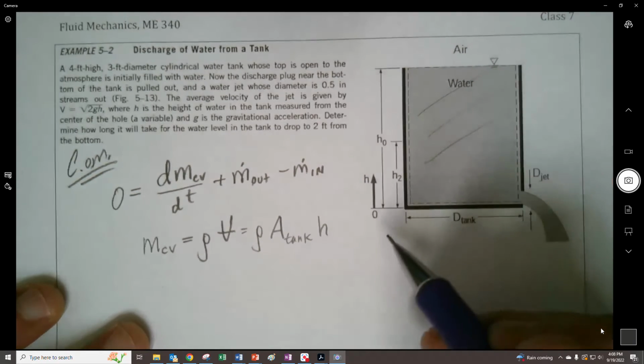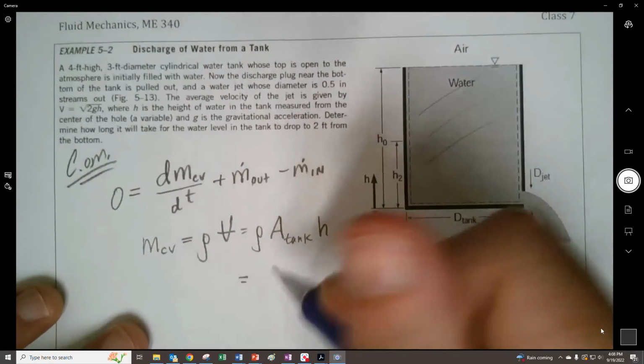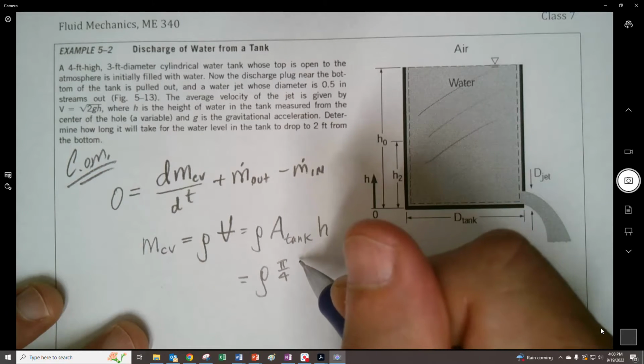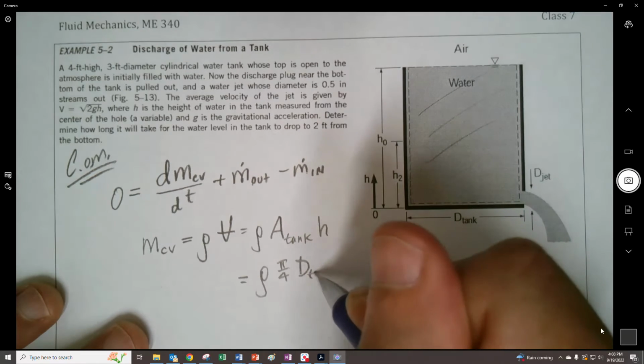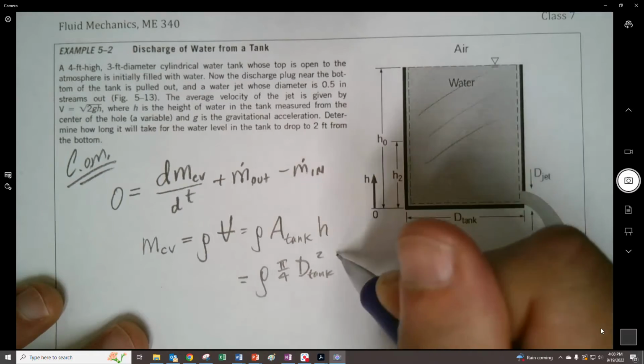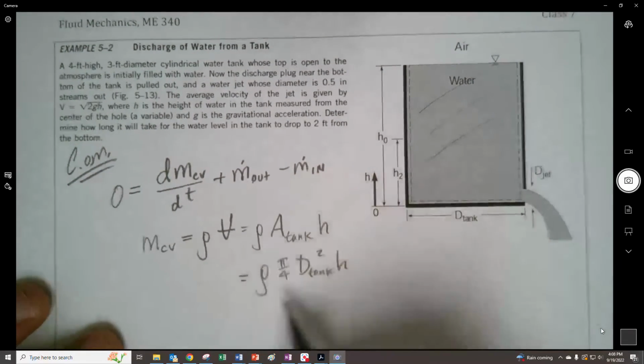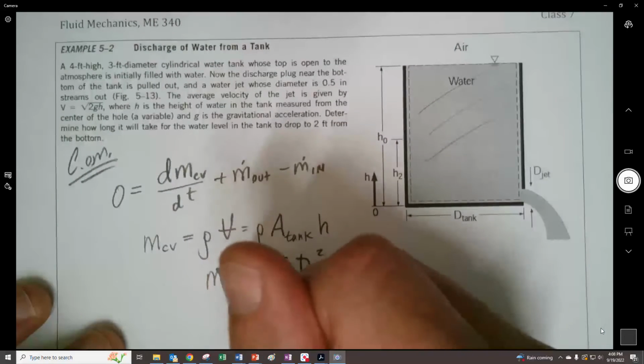And we might also write density times pi over 4 diameter of the tank squared times h, right? But h can vary, so we might want to keep that in mind. I'll write that as m cv.